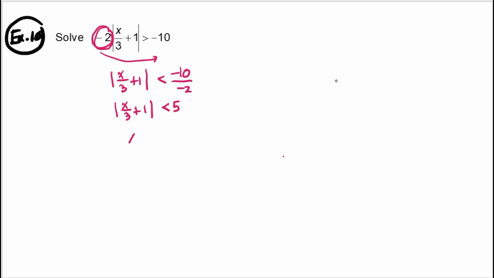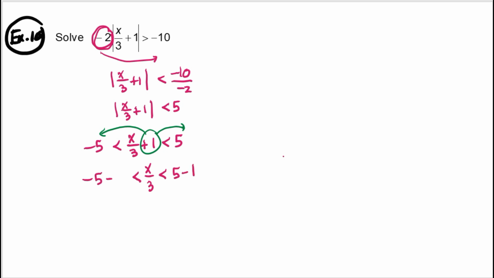Using the theorem, x over 3 plus 1 is between 5 and negative 5. Now we want to bring this 1 to the right and also to the left. So we have x over 3 between 5 minus 1 and negative 5 minus 1.